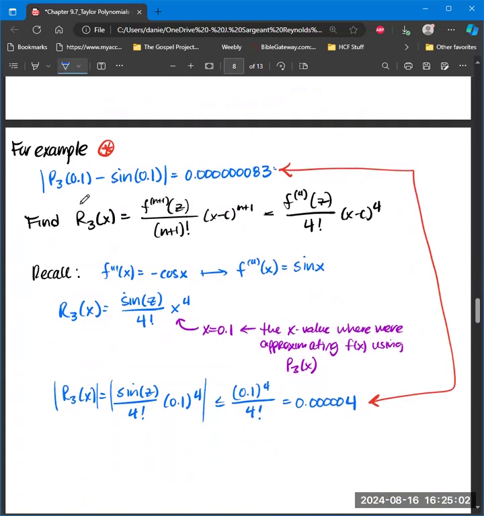But now instead we want to find the remainder using this form, where we say we want to find the n plus 1, so the fourth derivative at some value z over 4 factorial times x minus 1 to the fourth.